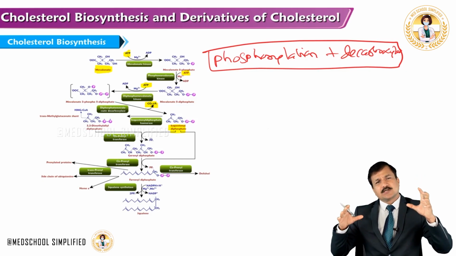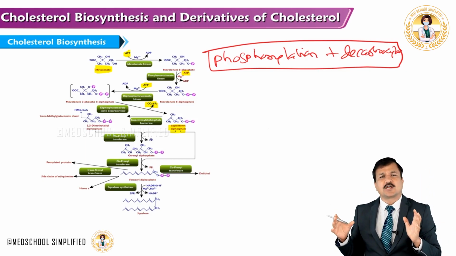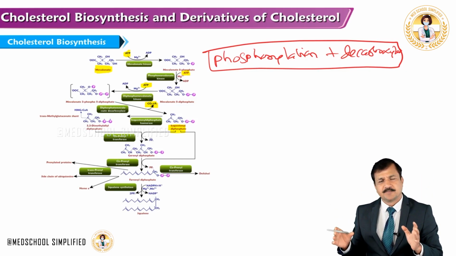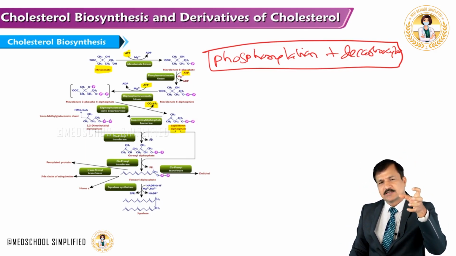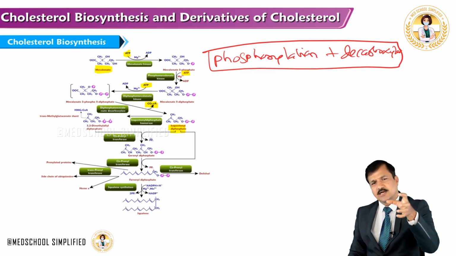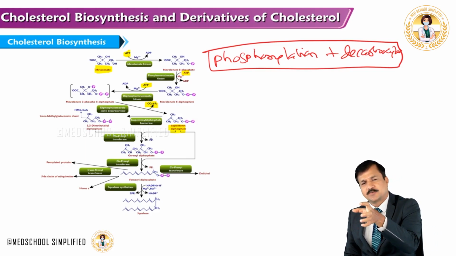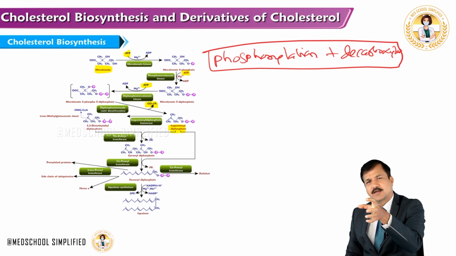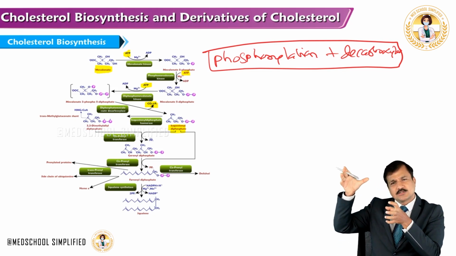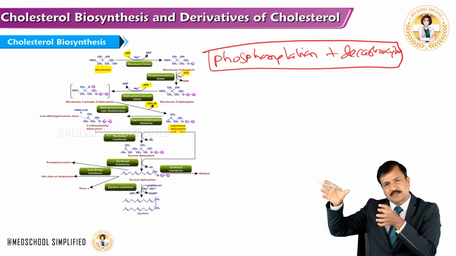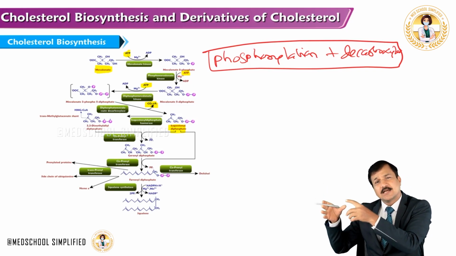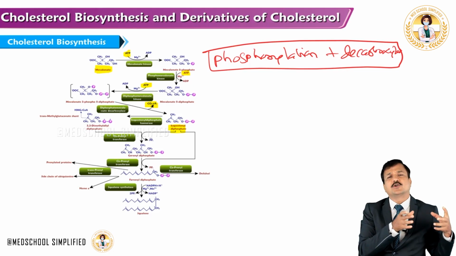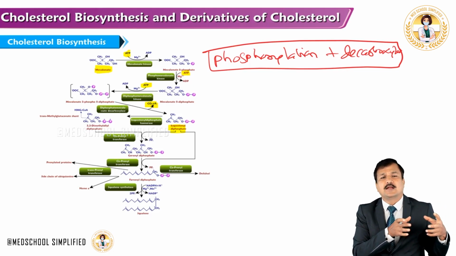In the cytoplasm, there will be multiple cholesterol biosynthesis pathways going on. In one cholesterol biosynthesis pathway, we get one mevalonate, and from that mevalonate you make isopentenyl pyrophosphate or diphosphate. And in the other cholesterol biosynthesis, another mevalonate makes another isopentenyl diphosphate, and that isopentenyl diphosphate goes into dimethylallyl diphosphate.